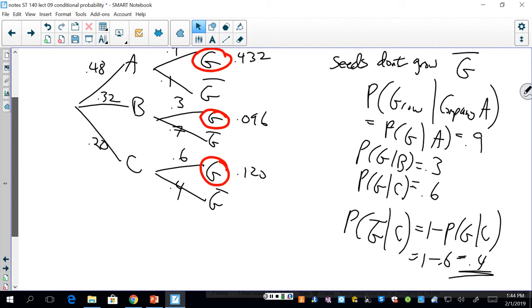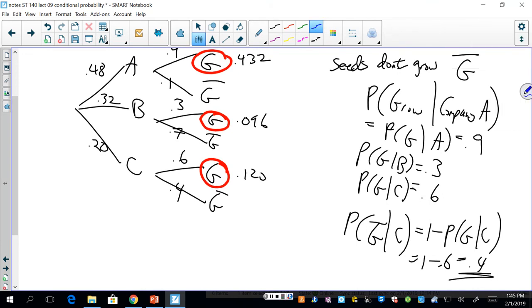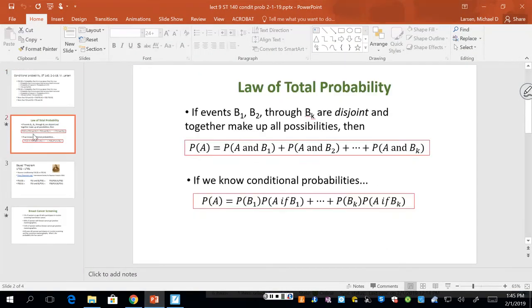So the other way we can calculate the probability we don't grow is to use the chart. We have 3 places they don't grow, here are the no-grow places. Figuring out the probability of not growing this way is referred to in this book and others as the law of total probability.